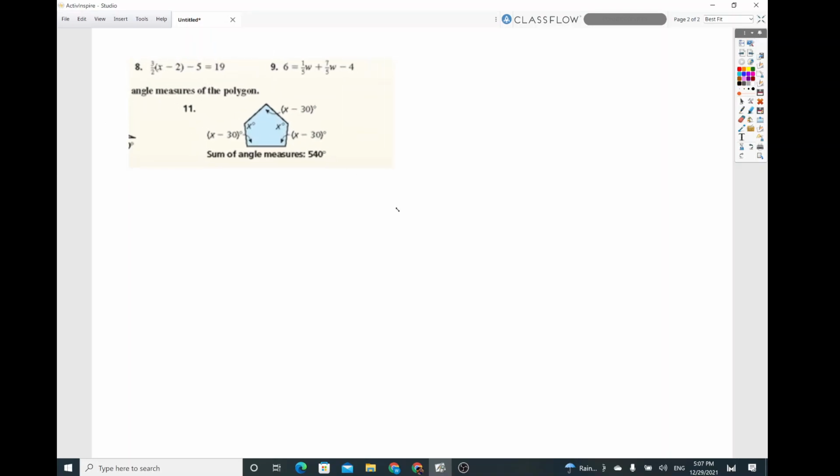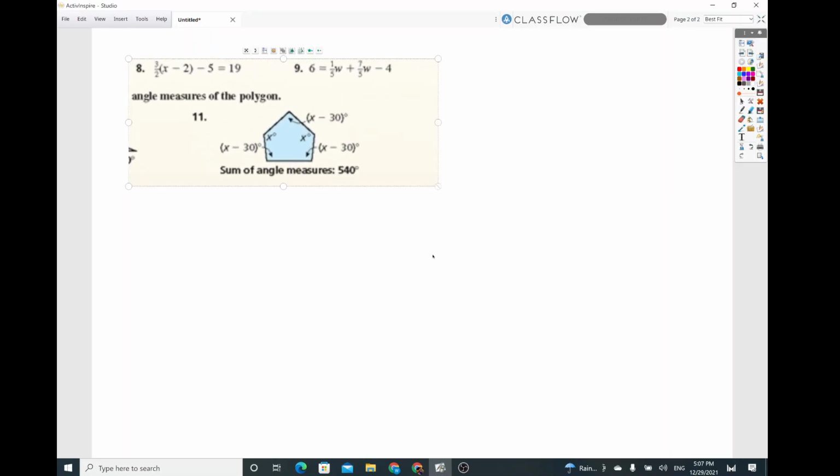For those students who might be freaking out with fractions a little bit, fractions are actually pretty friendly. There's an easy way to get rid of the fraction. So we have 3/2 times the quantity of x minus 2, minus 5 equals 19. Before you do anything here, just add 5 on both sides first. Again, find the inverse operation of the given subtraction.